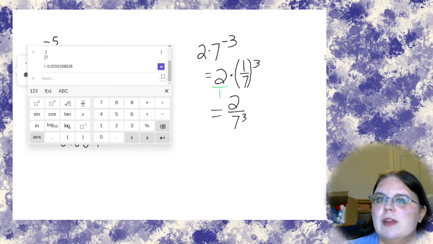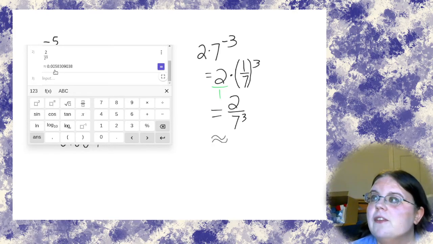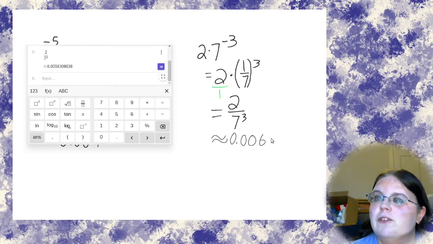I'm just going to round this to 3 decimal places, to the nearest thousandth, and that's a choice I'm making. It could be a different precision level for a different problem you're doing, so I'm going to say that that's about 0.006, because the 8 bumps up the 5 to a 6.